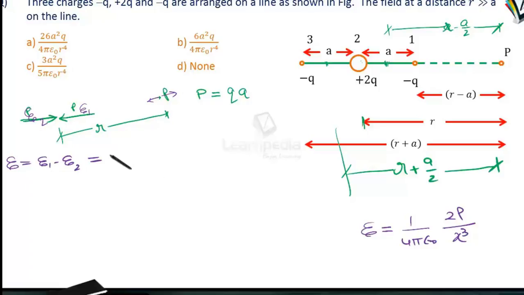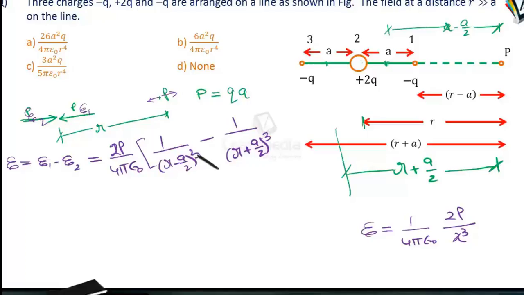So 1 upon 4 pi epsilon naught and 2p are common terms, while 1 upon x cube is different. So it is 1 upon r minus a by 2 whole cube minus 1 upon r plus a by 2 whole cube.